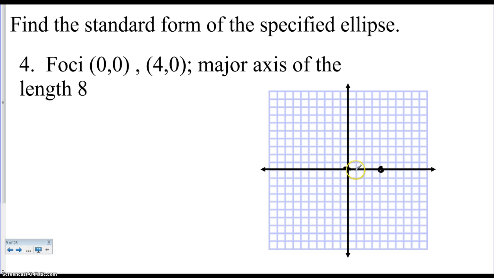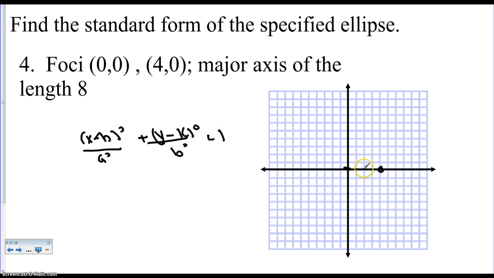So in this case, I know my major axis is horizontal because my major axis also contains my foci. So I know right now it's going to be x minus h squared over a squared plus y minus k squared over b squared equals 1.